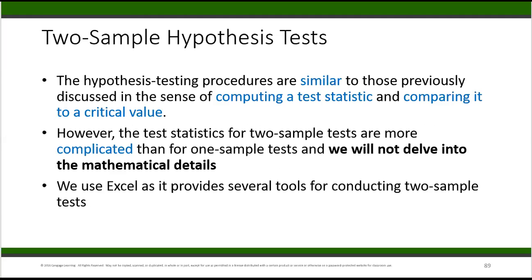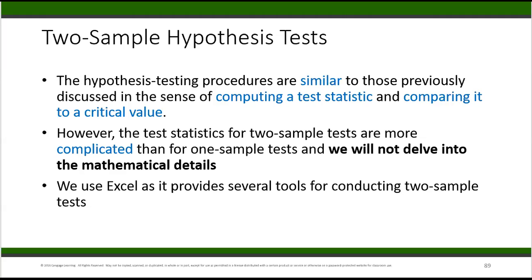Then again, similar to the one-sample hypothesis test, after you develop the null and alternative hypotheses, and after you decide on the level of significance, the third step is finding the test statistic. As I said before, the test statistic is different from one type of hypothesis test to another.